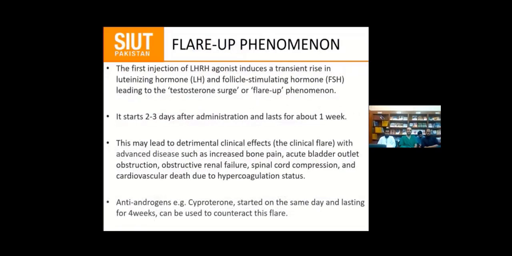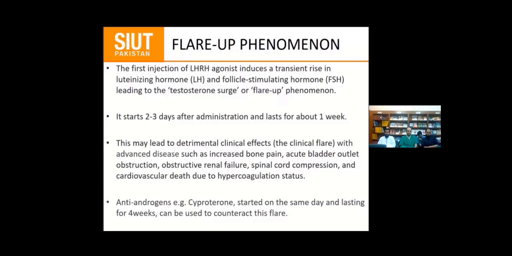Flare-up phenomenon. The first injection of an LHRH agonist induces a transient rise in luteinizing hormone and follicle stimulating hormone, leading to a testosterone surge, or flare-up phenomenon. It usually starts 2 to 3 days after the first injection and lasts for about 1 week.